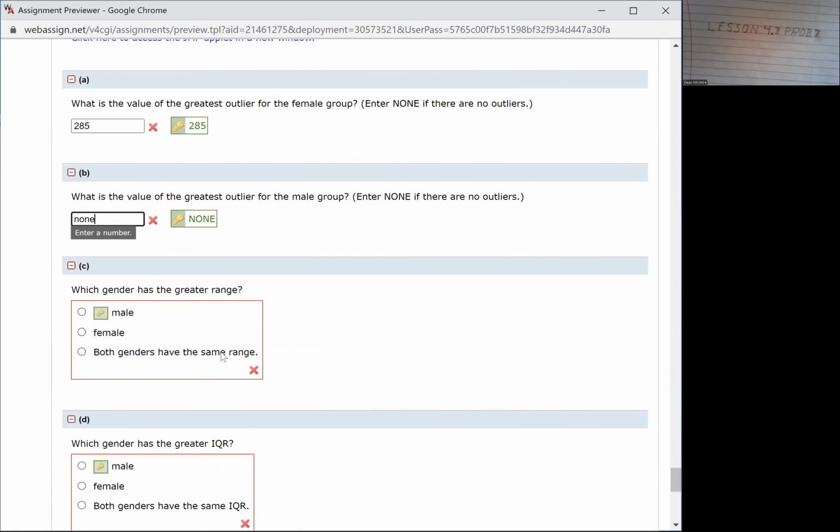Now, C. Which gender has a greater range? The range is the max minus the min. And I think you can see that. We don't have to go to the document camera to work that out, because you just see it from the box plot.